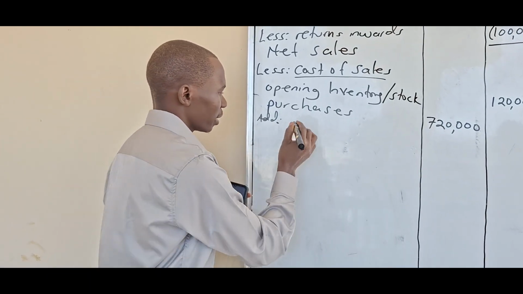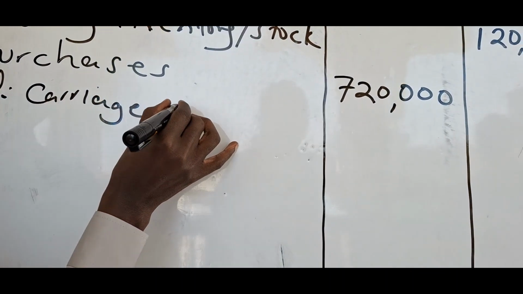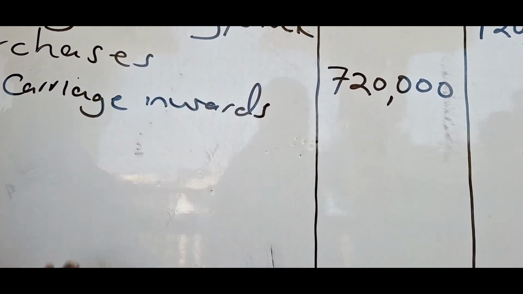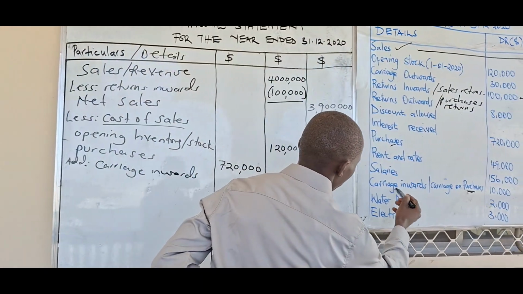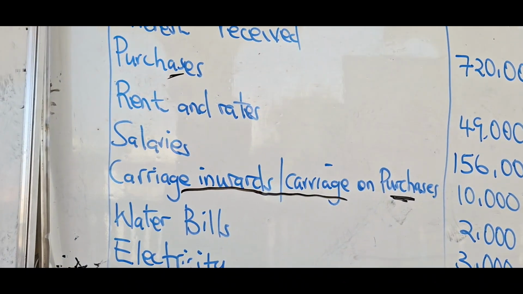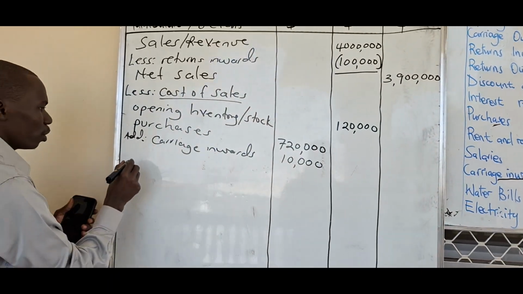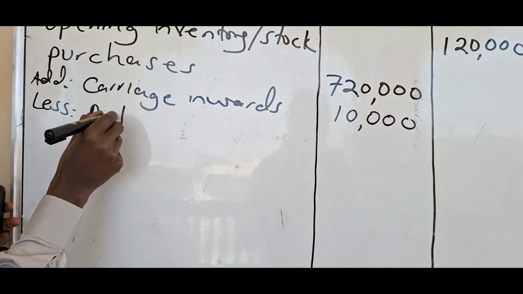They are part of purchases, carriage inwards or carriage on purchases. How much is that? Carriage on purchases, take 10,000. Good, 10,000. Then you subtract returns outwards.